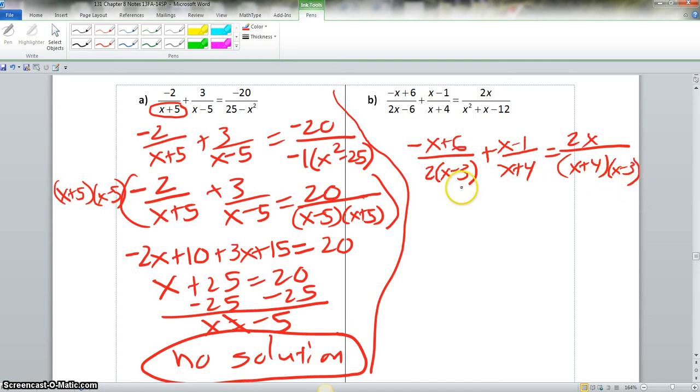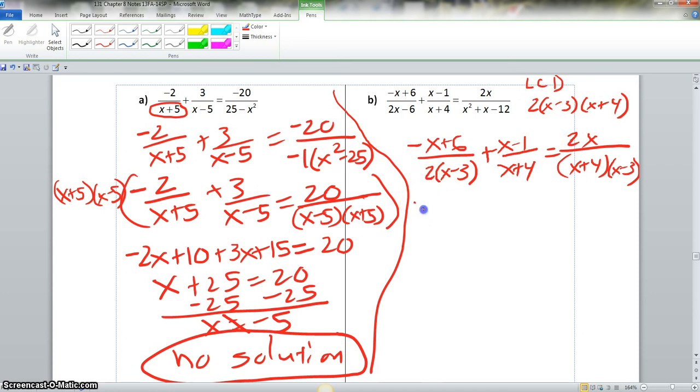Now we look here. Our LCD. We notice we got x minus 3, x plus 4, which we have here, but we also have 2. So our LCD will be 2 times x minus 3, x plus 4. This is our LCD, so we will multiply everything by this value.